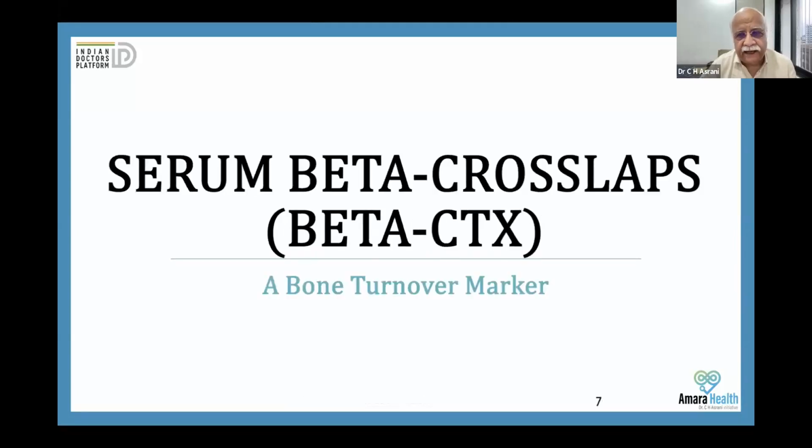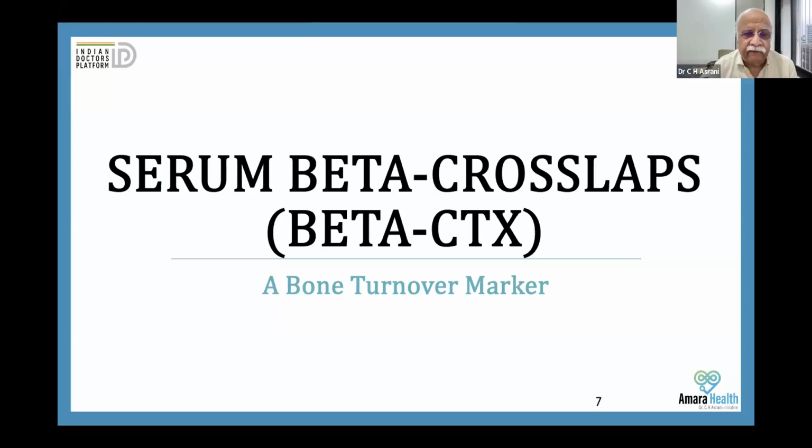Serum beta crosslaps or beta CTX, a bone turnover marker. Osteopenia and osteoporosis mean the bone resorption is much more than new bone formation, so this is a marker for that. I learned of this test accidentally about 12 years ago.